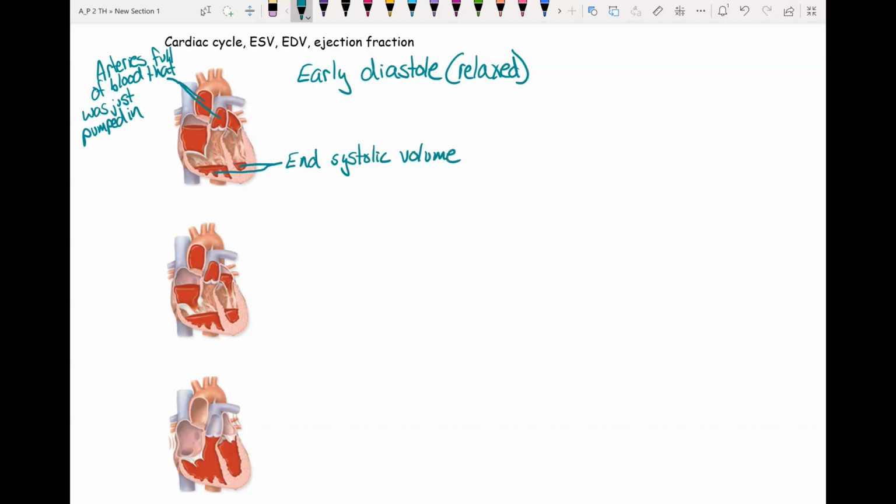And we can abbreviate this ESV. Systolic means contract. And this is end systolic. So that means it's what's left after you contract.